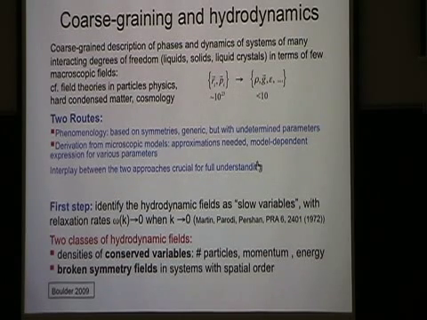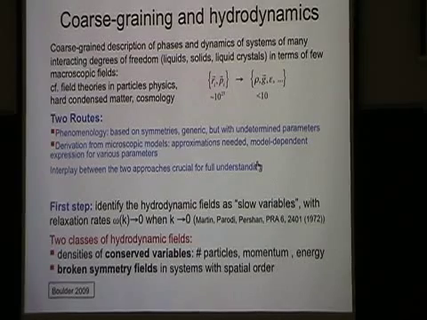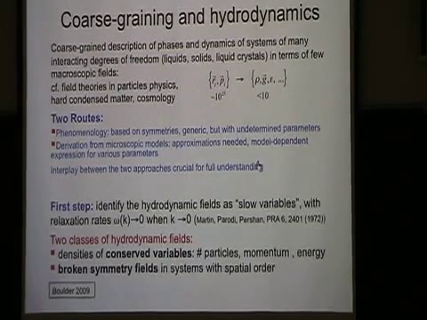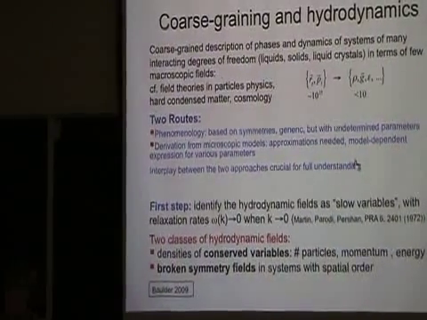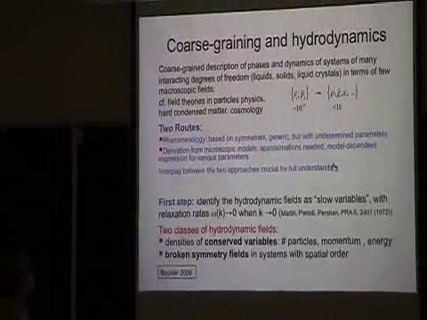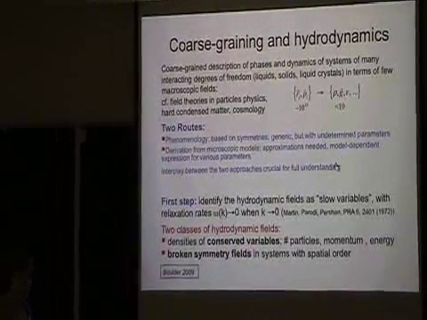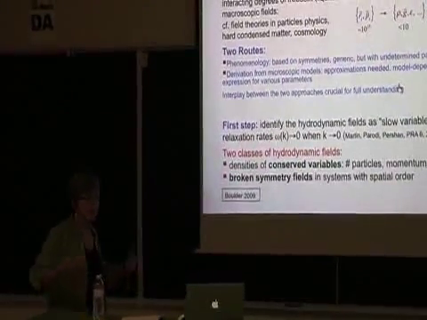That's very much what people do also in high energy physics, cosmology, and particle theory, and that's what we do in soft condensed matter physics. And there are two ways of doing this. One is phenomenological. You just write down the equations from symmetries, and as I said, it's a very powerful way to proceed. It yields a generic theory that applies to everything.